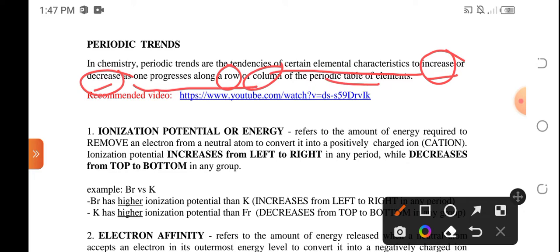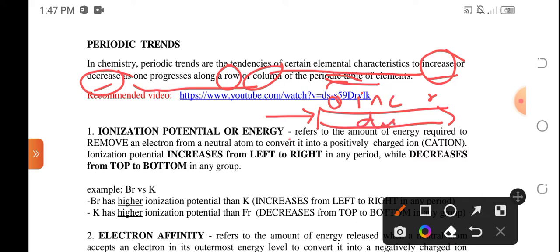So, ang usual trend here is as an element goes along the period, it could either be increasing or decreasing. Okay? Or as it goes along the group, so pababa naman, it's either increasing or decreasing.